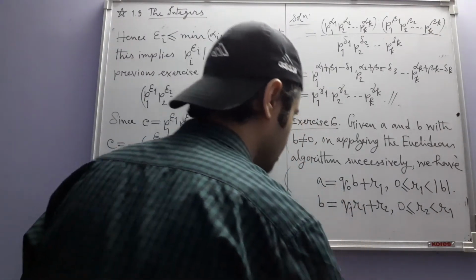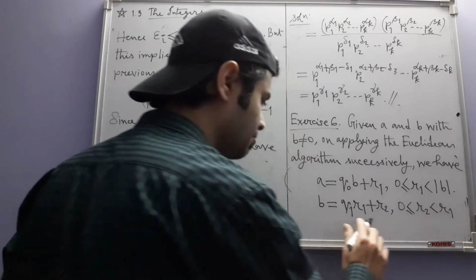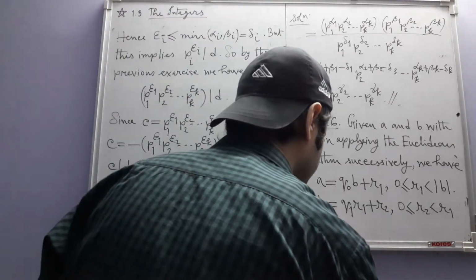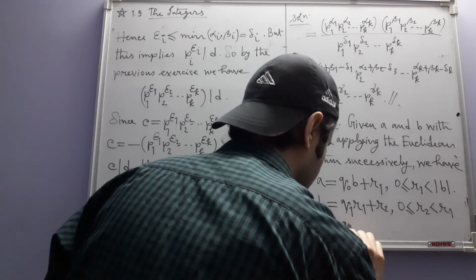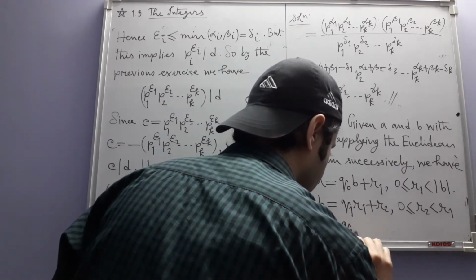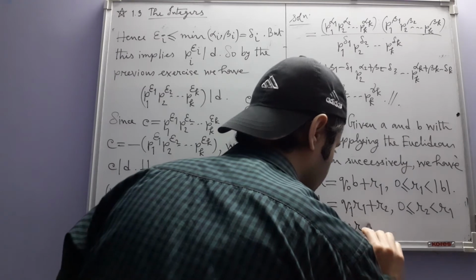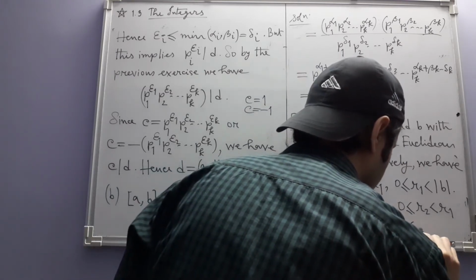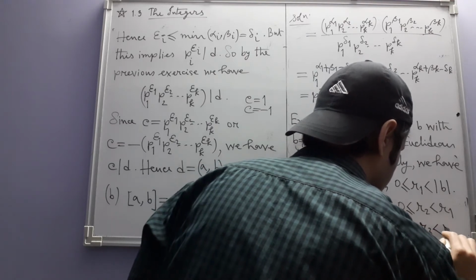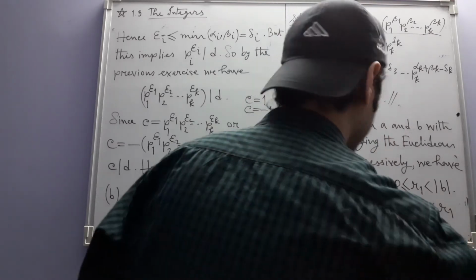Okay, writing one more step, if R2 happens to be non-zero, then I can divide R1 by R2. That gives me quotient Q2 and remainder R3, where R3 is non-negative and less than R2.